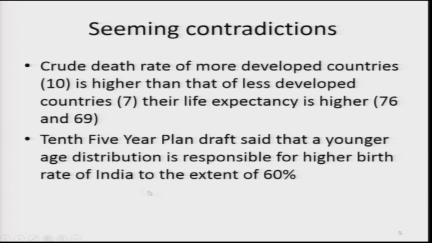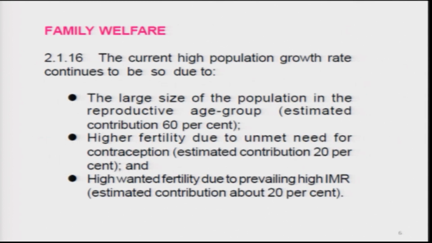And I have been telling this that the 10th 5-year plan said that a younger age distribution is responsible for the higher birth rate of India to the extent of 60%, which shows the limits of our family planning program. Since 60% of the high fertility rate is attributed to age distribution, there is not much that you can do.